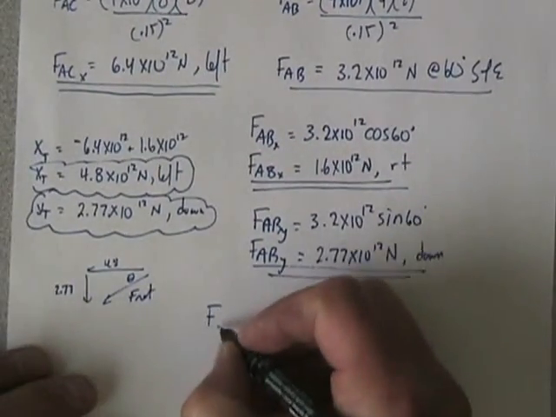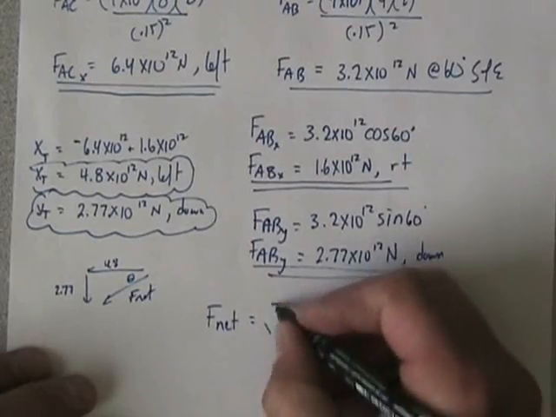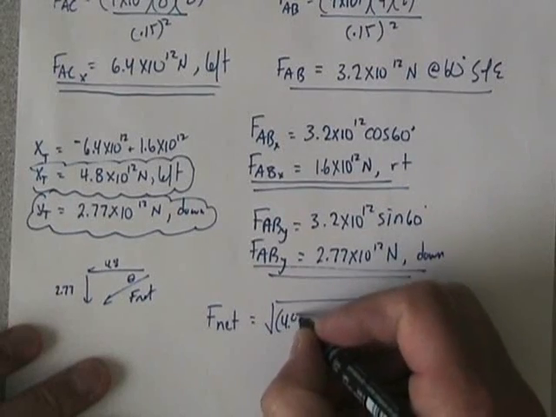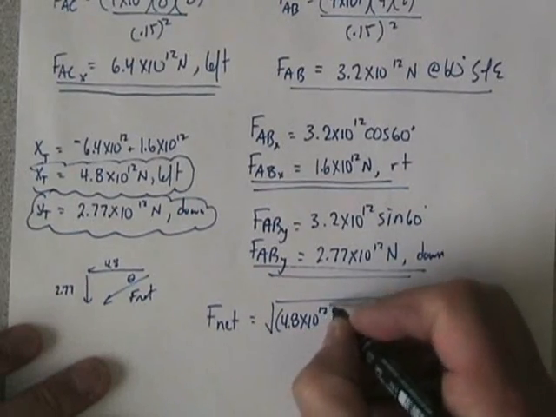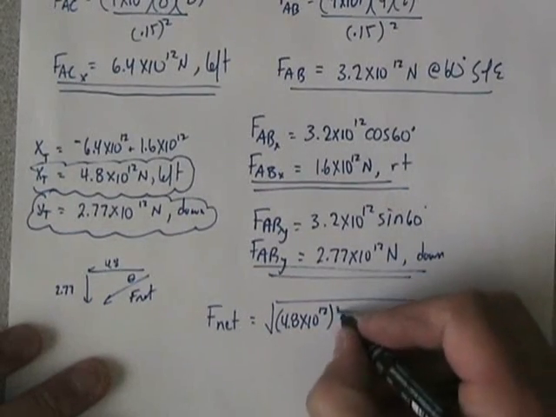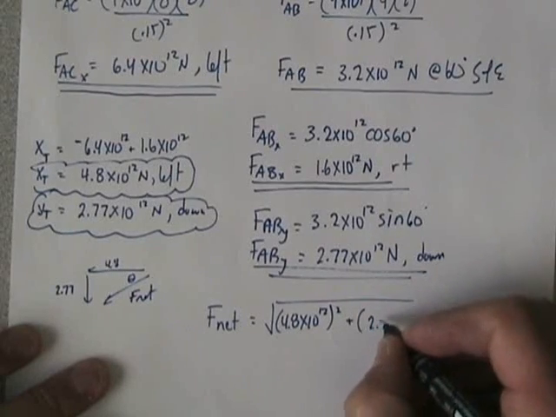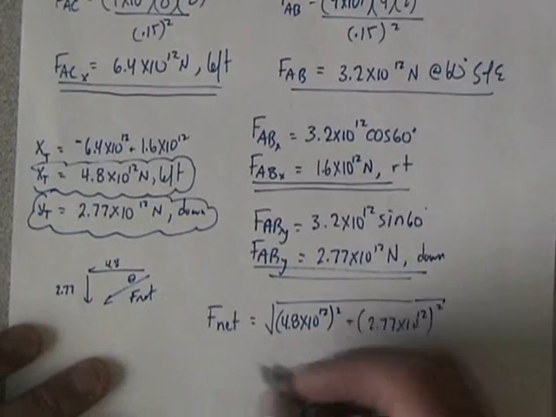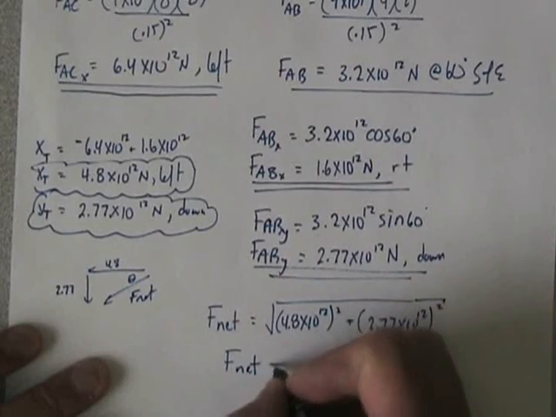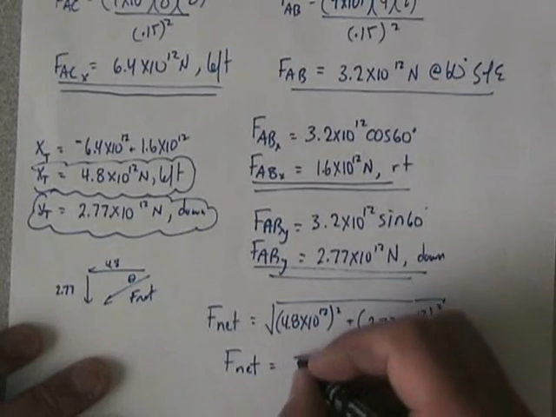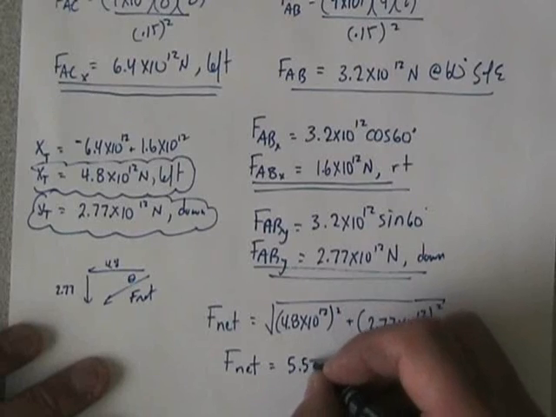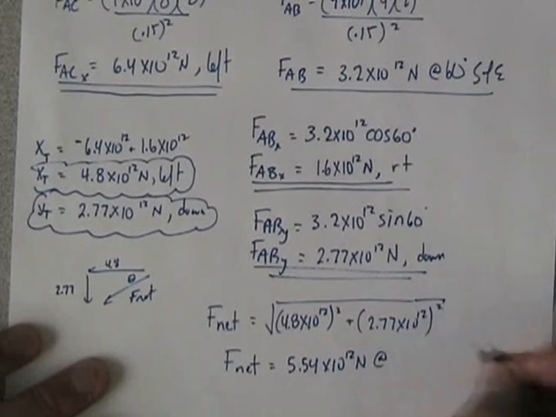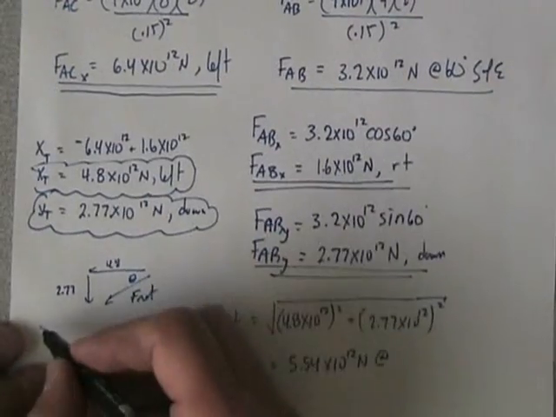Okay, so I want to find F net. That's going to be the square root of my components squared. So 4.8 times 10 to the 12th squared plus 2.77 times 10 to the 12th squared, and all square rooted. Your F net ends up equaling 5.54 times 10 to the 12th newtons at, and now I want to find this angle here.